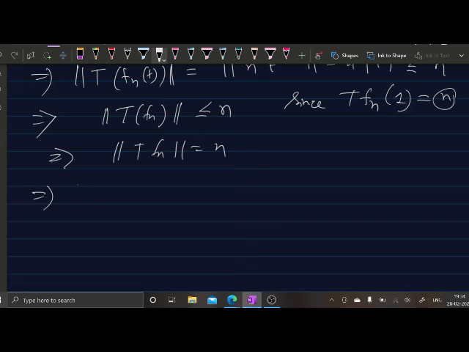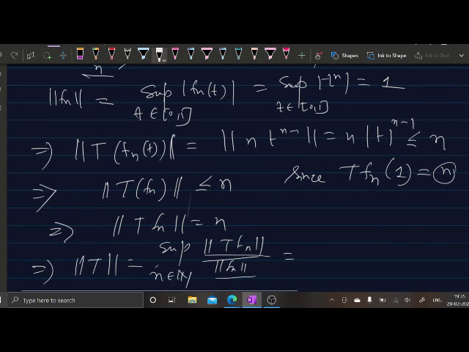So therefore the norm of T must be the sup of norm of T f_n by norm of f_n. So norm of T f_n is n, and norm of f_n has been deduced as 1.